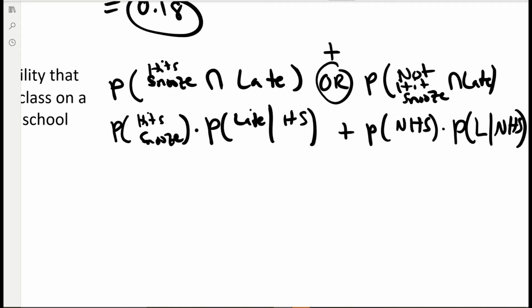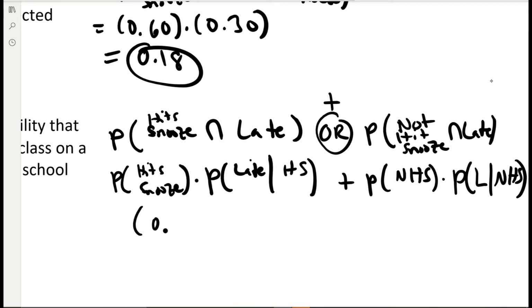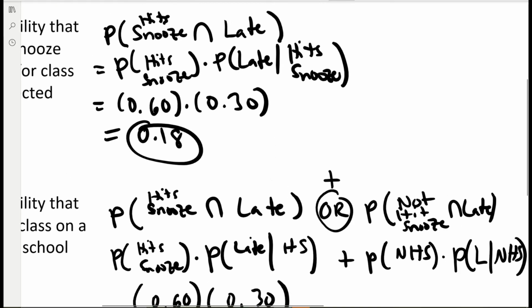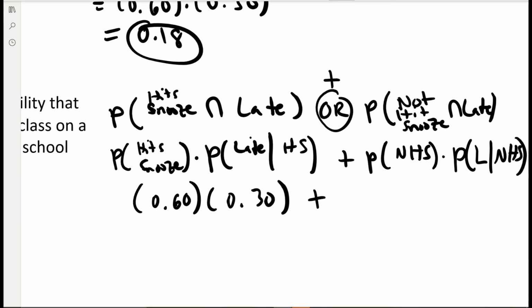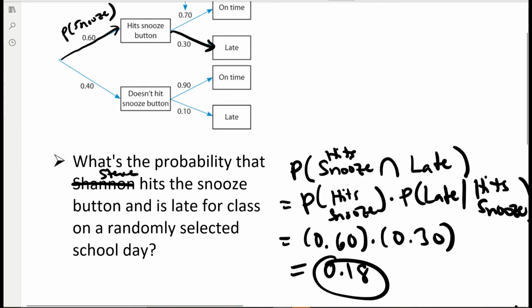So basically we have 2 tree diagram problems here, right? We have 2 trees here, one here, one there. We already did the first one earlier, so we don't have to repeat that, but just to show you, we're going to use those numbers again. So 0.60 and 0.30, that one we did earlier. But what about the other one? So plus, he does not hit snooze, which means going back to the diagram, we're interested in this, so he does not hit it and he is late.